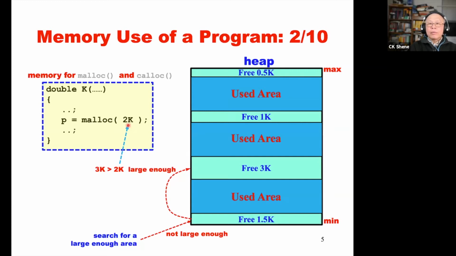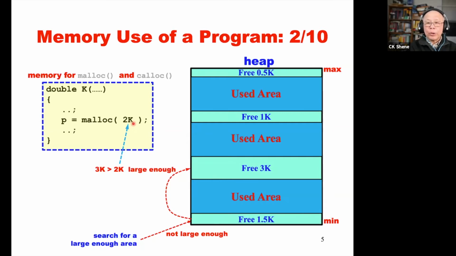there are various algorithms available for the malloc system to use to find a usable area. Let's take a very intuitive approach. We just search all of the free areas from minimum address to maximum address. Say, first one, we see 1.5K. Is it large enough? No. Then we go for the next one. It has 3K, but we only need 2K, so this free 3K area is large enough for this 2K.